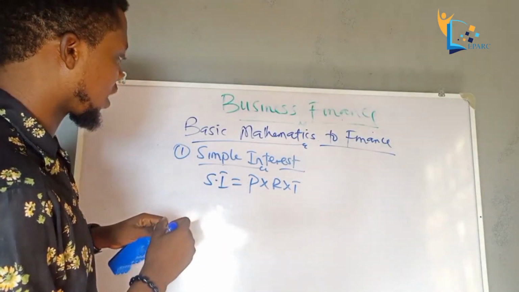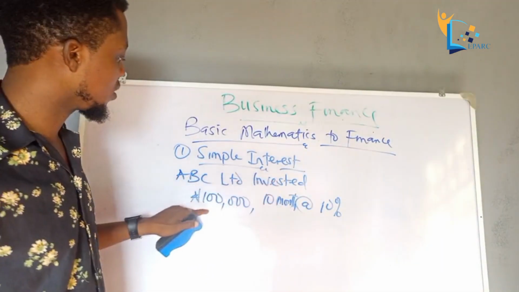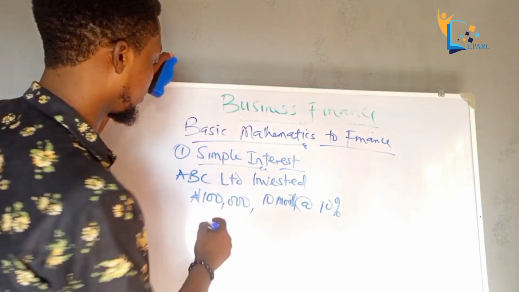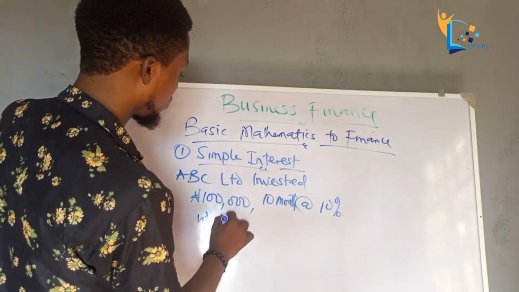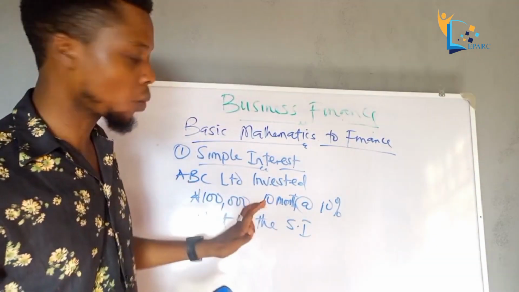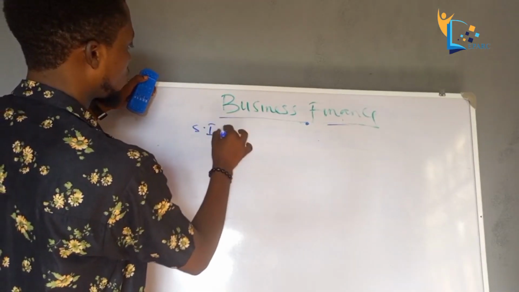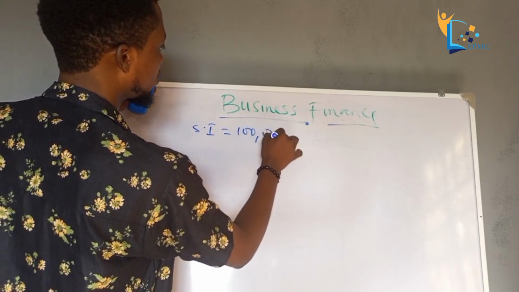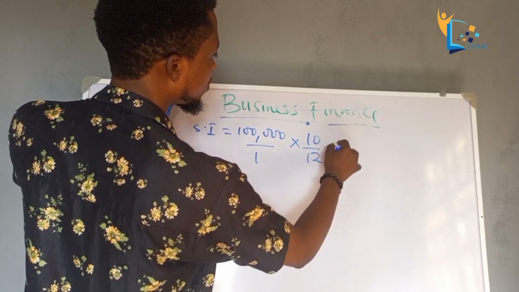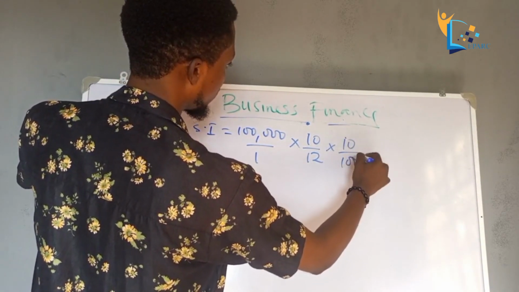So let's look at a very simple example that will help us. ABC Limited invested 100,000 naira for 10 months at 10%. What is the simple interest? That's what we want to determine now. Simple interest is equal to 100,000 over 1 times 10 over 12 times 10%, which is 10 over 100.